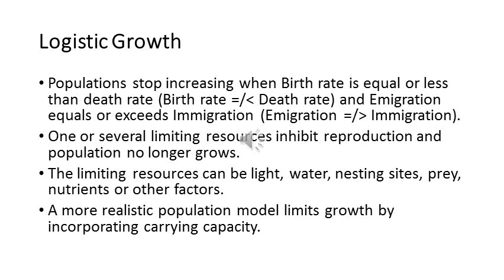If more space and nesting sites are available, then the reproduction rate of the population will be more, and if light, water and space are available in plenty, the abundance of these factors increases the population exponentially. But limited supply of light, water, nesting sites, prey or nutrients and other factors are involved in decreasing the population rate.